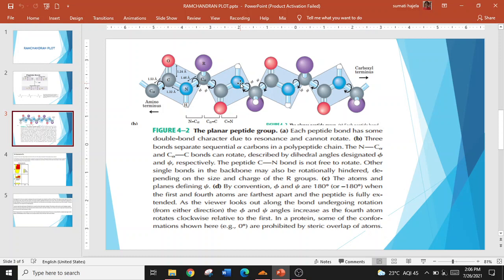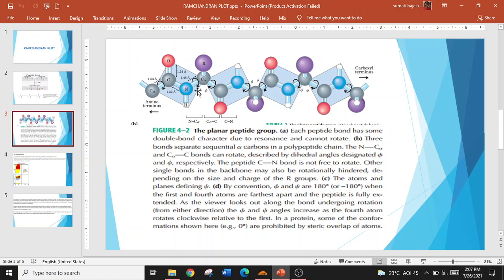Rotation is permitted about the C and N bond, between N and C alpha, and between C alpha and C. By convention, the bond angles resulting from rotations are labeled as phi and psi.